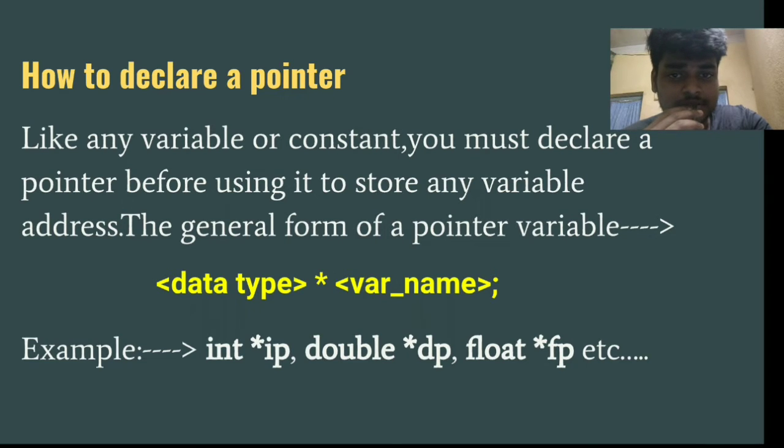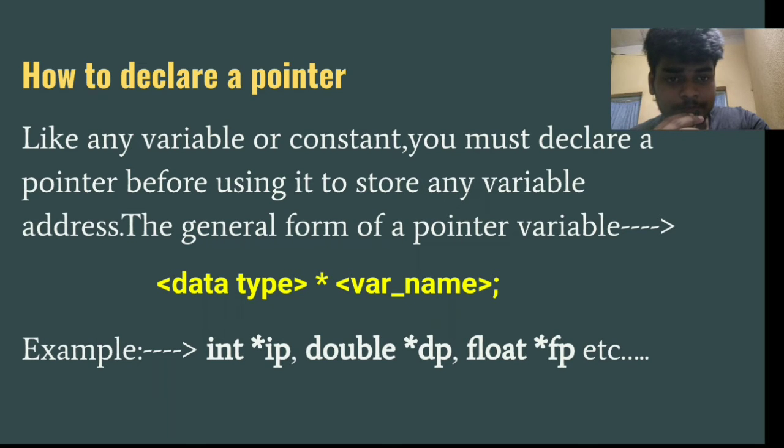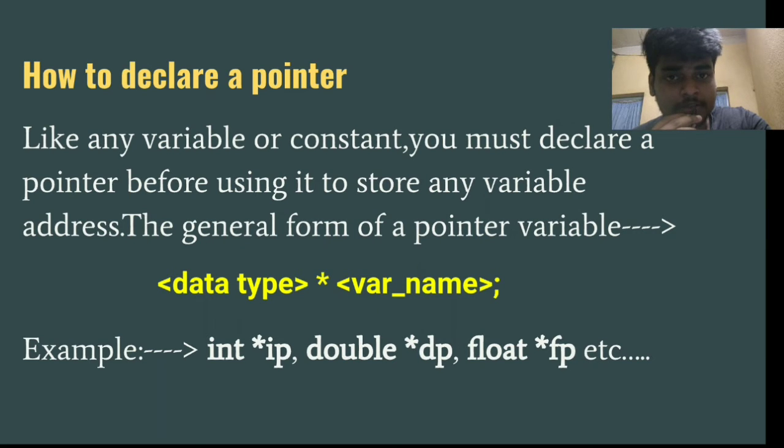Star here means the dereferencing operator, and var name means the variable name, which can be whatever you want. Some examples are int star ip, double star dp, float star fp. From the general structure, int is a data type, double is also a data type, float is also a data type. You can use the character data type also, which is char, and ip, dp, fp are the variable names.